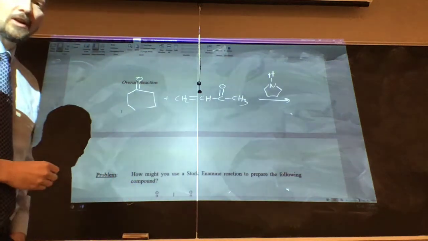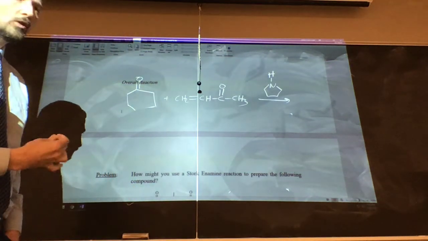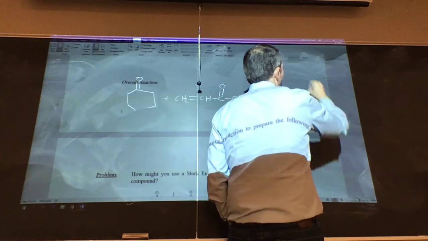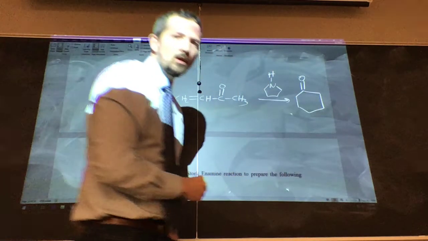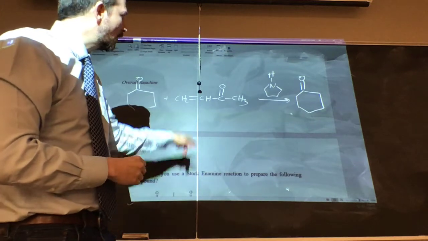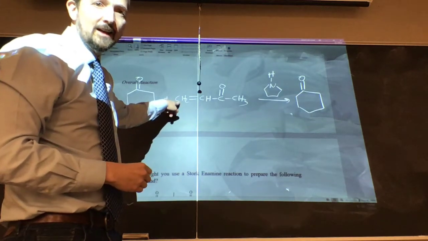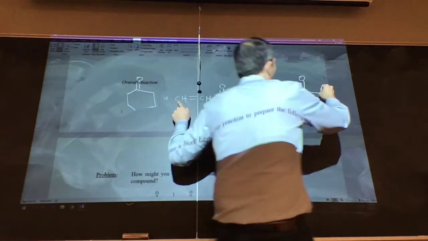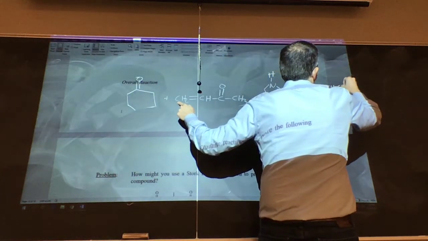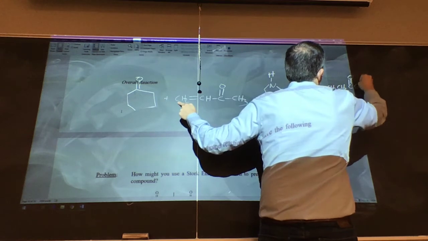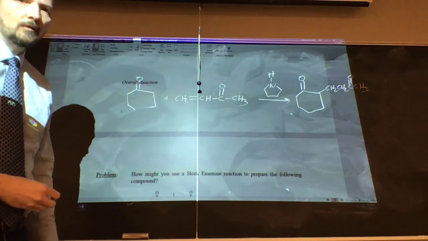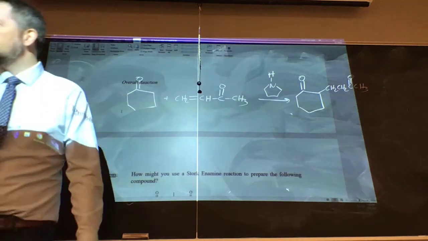You're given that pyrrolidine as your catalyst, and so your overall reaction will just be your monocarbonyl compound with the beta position attached to the alpha position of that monocarbonyl compound. So that is the overall reaction. Let's look at some examples.